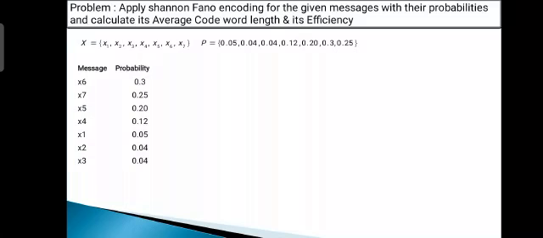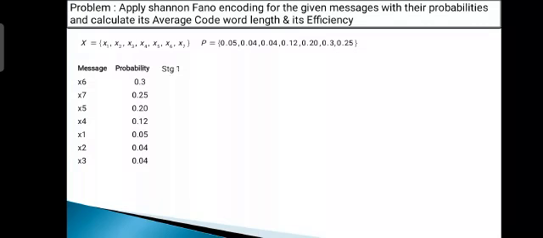They have the same probability 0.04. We can either place x2 followed by x3 or x3 followed by x2. Both are correct, so Shannon Fano code is not a unique code. Now I have placed x2 followed by x3 with the probability 0.04.